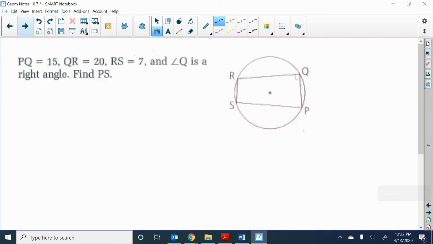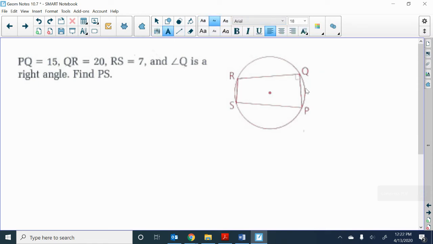Okay, I have one more question for us to go through today. Here I have a quadrilateral that is inscribed inside of a circle. Now, I don't know if it's a rectangle, although I do see that angle Q is a right angle. They want us to find PS. Okay, so let's put in some side lengths here.